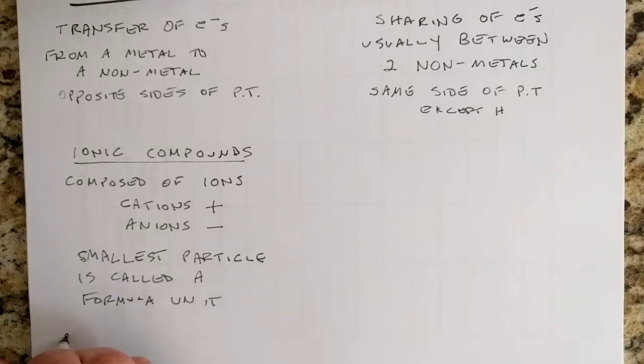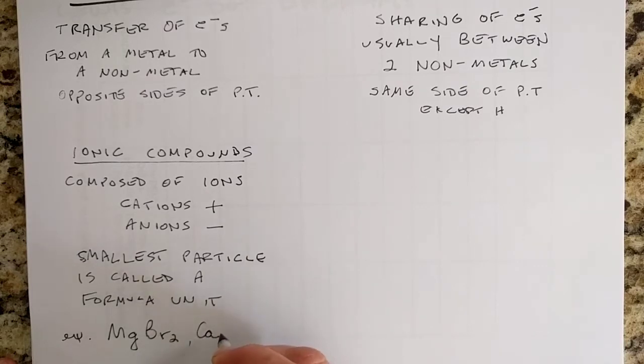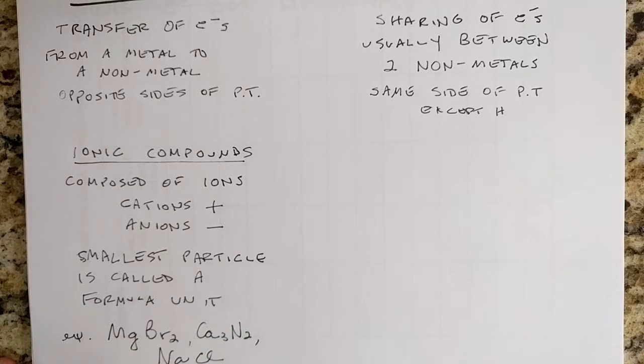For example, we have MgBr2. So we have one magnesium ion and two bromide ions. Another example, Ca3N2, and good old table salt, NaCl. So all of those represent one formula unit of an ionic compound.